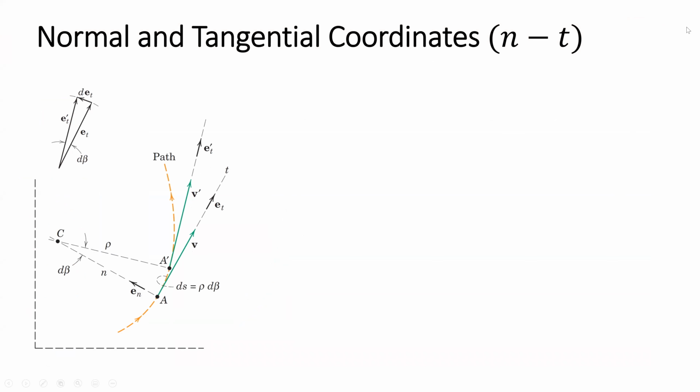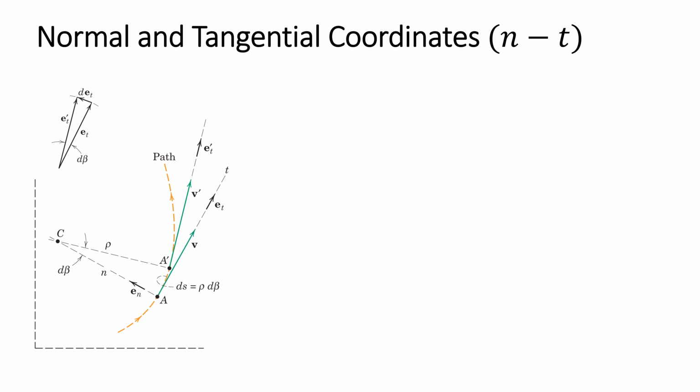Okay, this topic is the normal and tangential coordinate. Before this, the first coordinate that we reviewed and used to analyze our problems, for example, is the xy coordinate, and the coordinate is fixed at one origin, at one single reference point, and doesn't move.